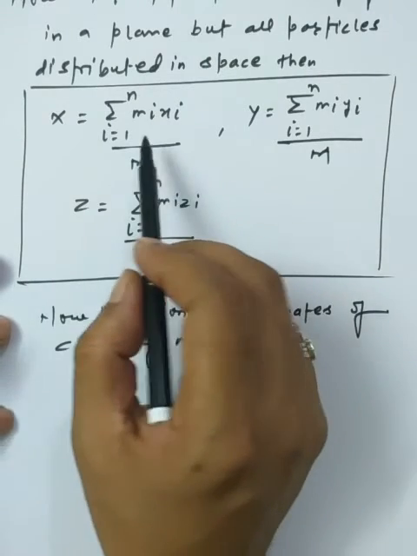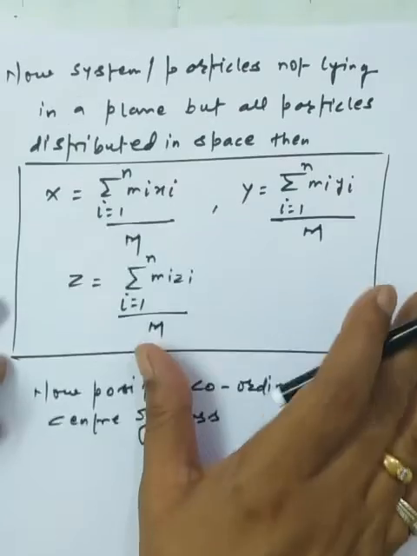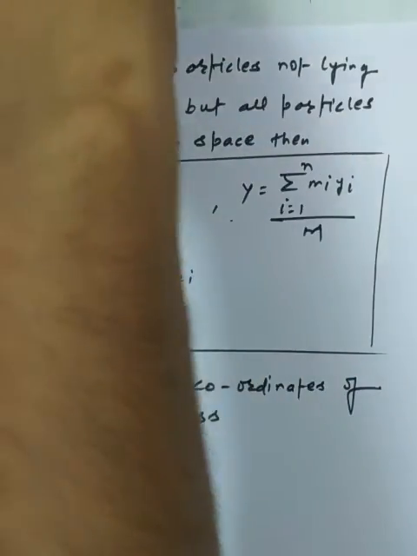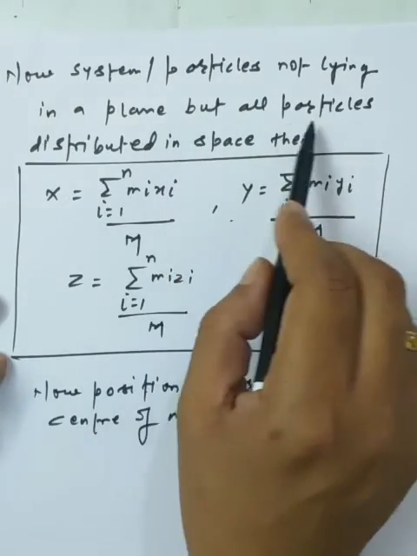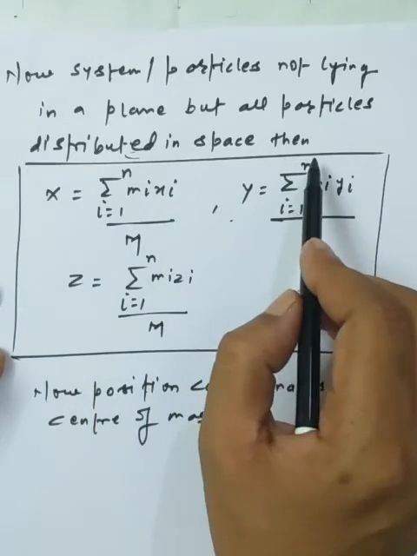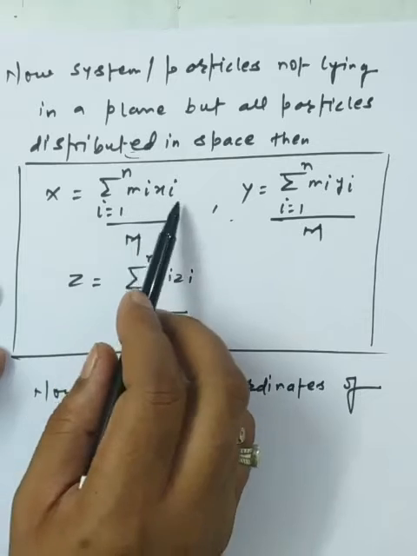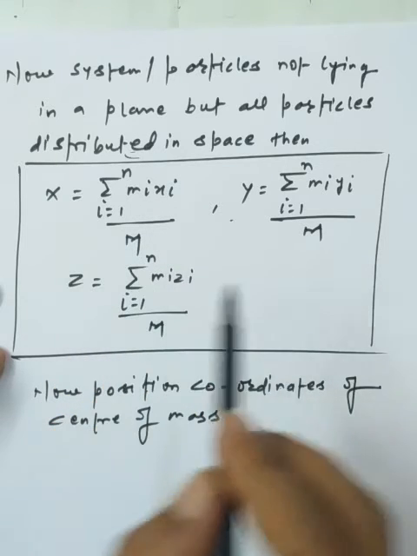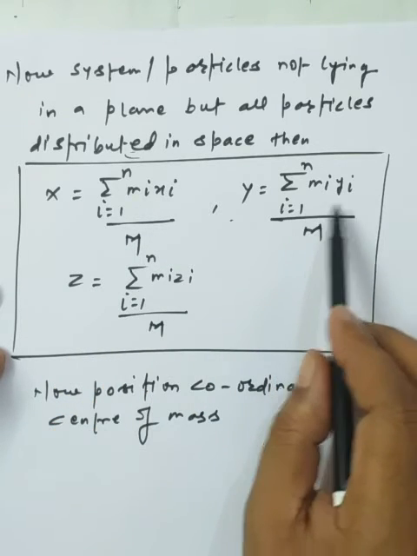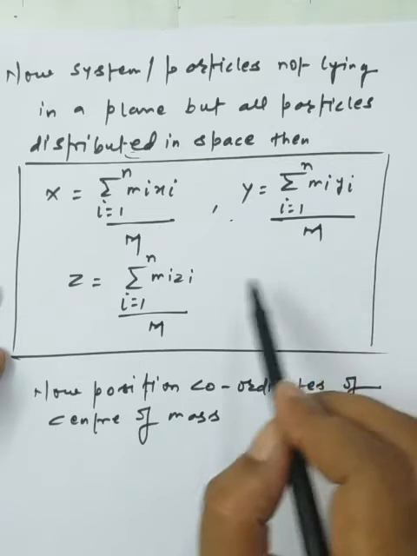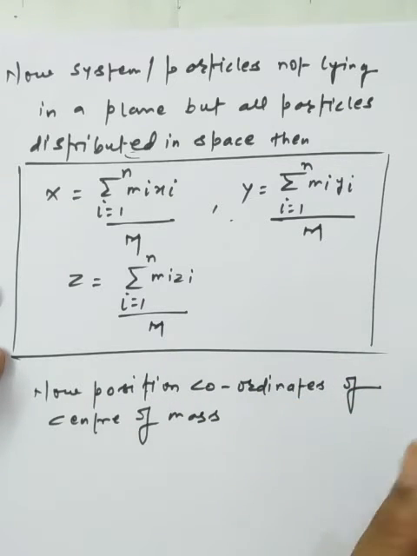Now easily we can write that if we assume the particles are not lying in a plane but are distributed in space, then we can use the simple method: x = summation i = 1 to n of mi xi divided by the total mass M, y = summation i = 1 to n of mi yi divided by M, and similarly the z coordinate.